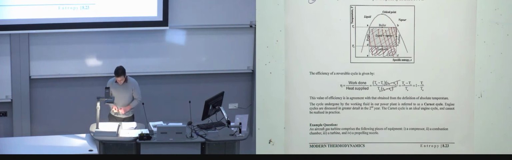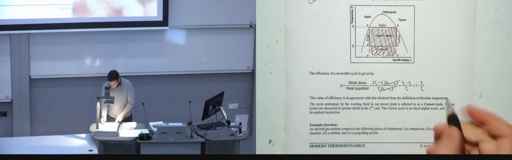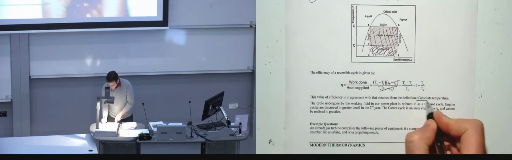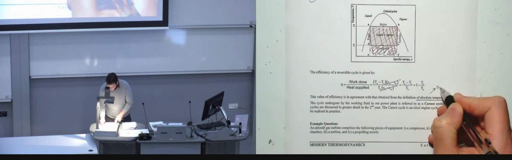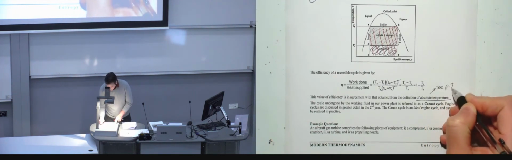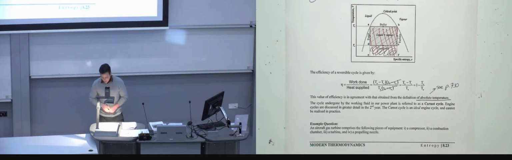Now, this is, in fact, in agreement with what we defined as the absolute temperature. Absolute temperature, if you don't remember, if you go to page 7.10, that is where we defined an absolute temperature. That was one of the corollaries of the second law.